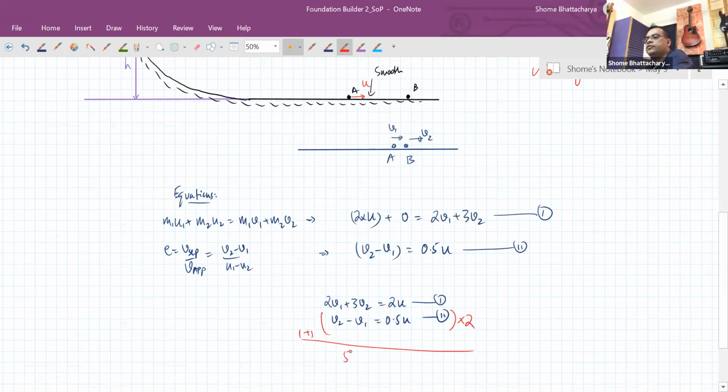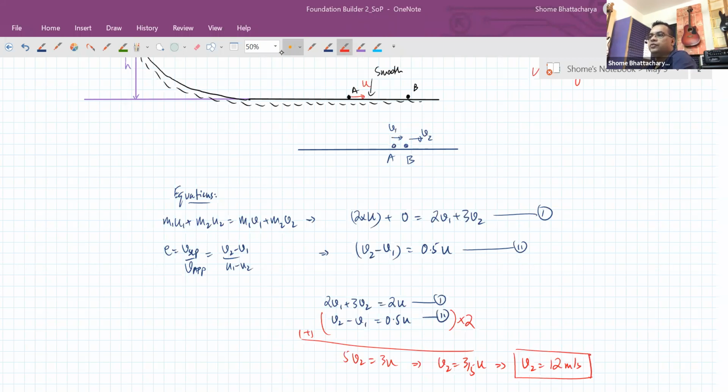So we can see we'll get 5v2 is equal to 2 plus 1, 3u. So we should be getting v2 as 3 by 5 u, or B's speed after the impact as 0.6 into 20. So that's 12 meters per second. So very good. Deep, your answer was correct.